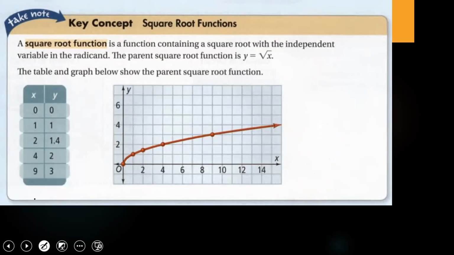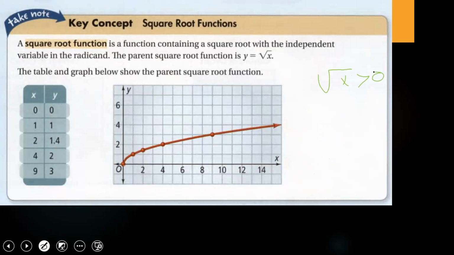It starts from 0 and goes up. As you see here, the x under the square root must be greater than or equal to 0. There's no square root of -9 in the real numbers. So don't forget, the value under the square root must not be negative, as you see here.